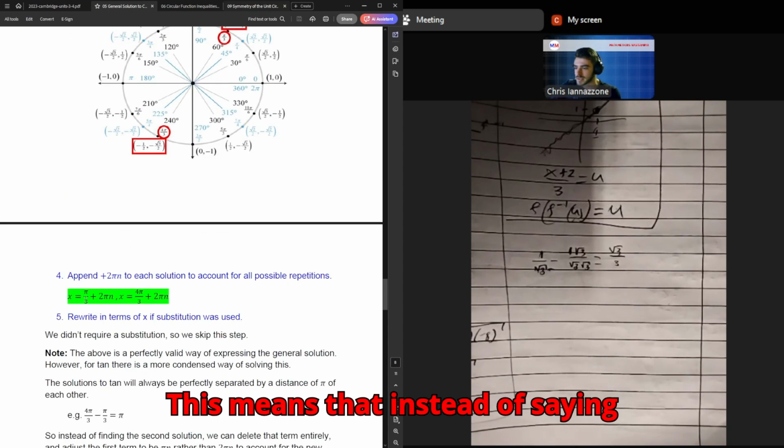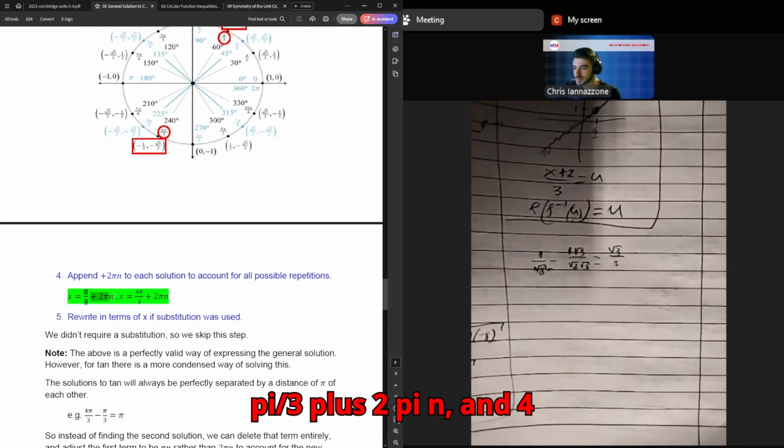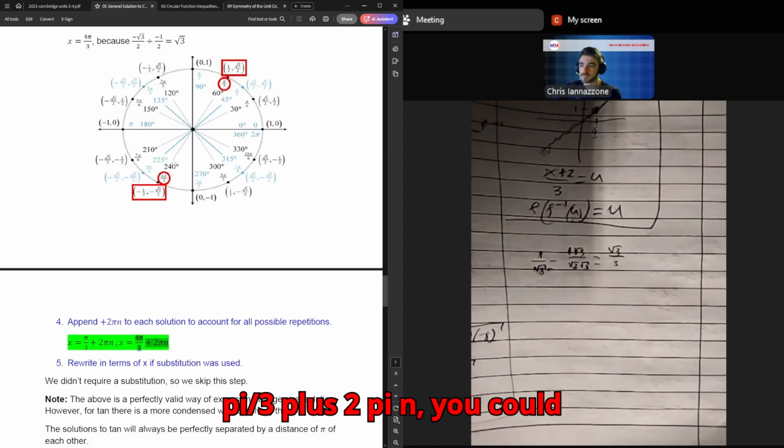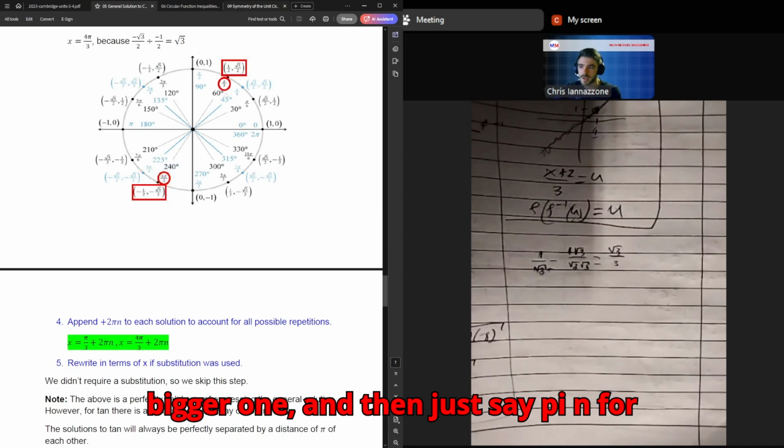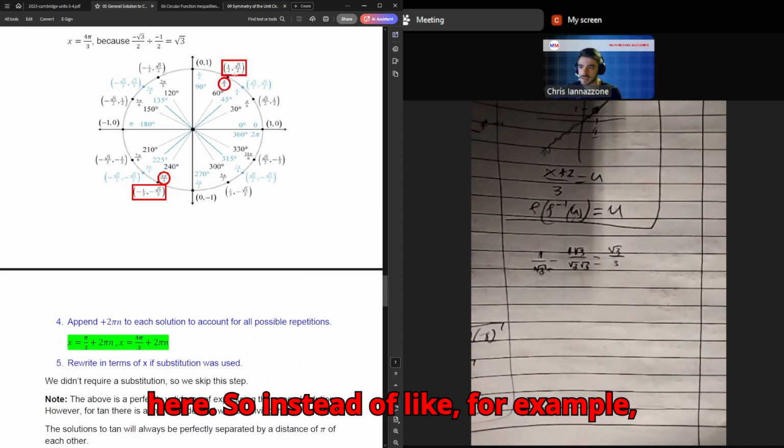This means that instead of saying pi over 3 plus 2 pi n and 4 pi over 3 plus 2 pi n, you could kill one of the solutions, usually the bigger one, and then just say pi n for here.